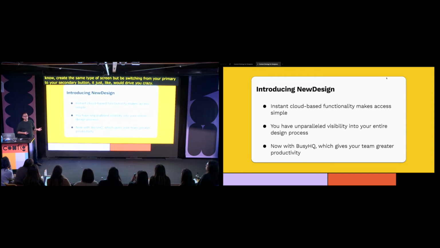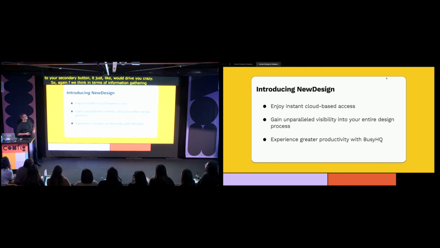So again, if we think in terms of information gathering, we get that. Again, it's saying the same thing, but we've restructured things. So now your bullet points, your value props, are: enjoy instant cloud-based access, gain unparalleled visibility into your entire design process, and experience greater productivity with Busy HQ. We're just leading with strong verbs.